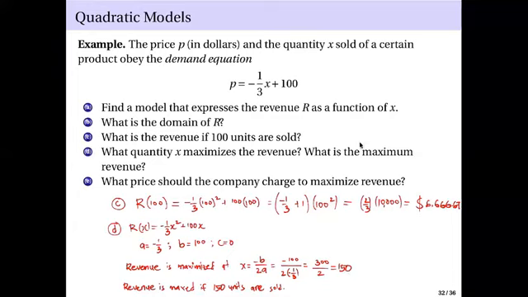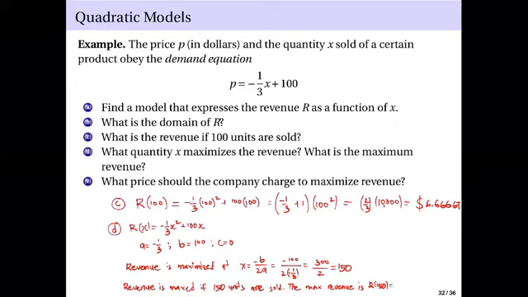And then, what is that maximum revenue? We just replace x with 150. Okay? So the maximum revenue is R of 150.